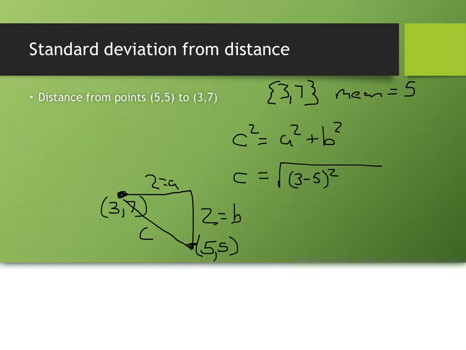So a squared is 3 minus 5 squared. B squared, well, that's 7 minus 5 squared. And now you see the point of what we're getting as far as the distance goes. That distance formula is the one that we know and like.